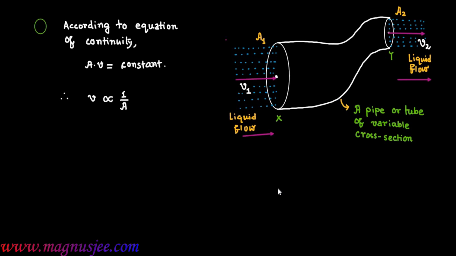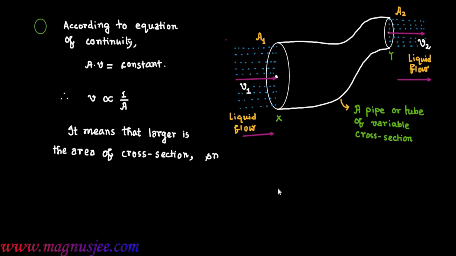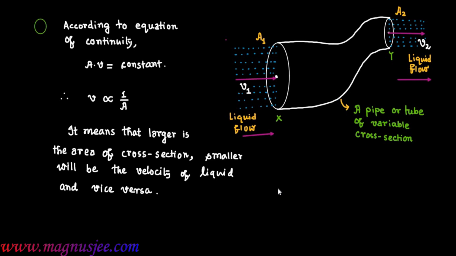That is, V is proportional to 1 by A. It means that larger is the area of cross section of any portion of the pipe, smaller will be the velocity of liquid flow through the pipe, and vice versa.